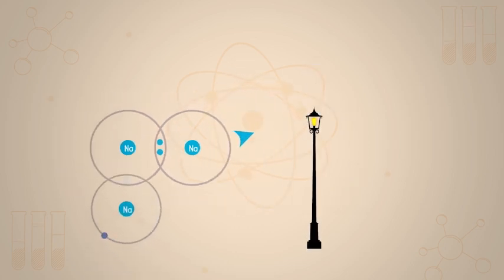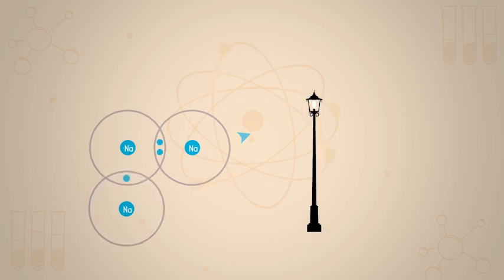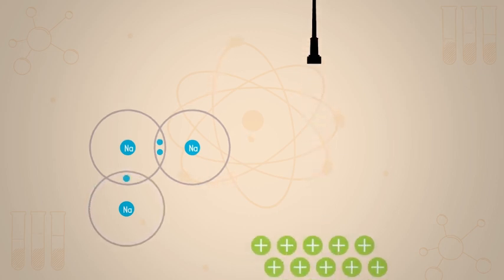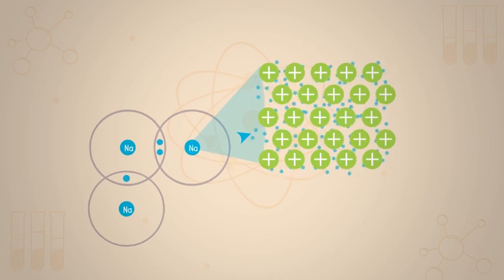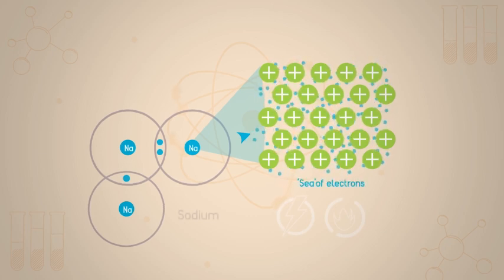However, as additional atoms approach, they too will be attracted in, because there will always be space in the outer shell of the atoms. So, sodium as an element forms a closely packed, 3-dimensional metallic lattice where the atoms are bonded by a sea of electrons in these partially filled outer shells.